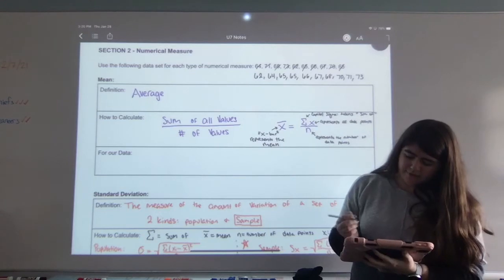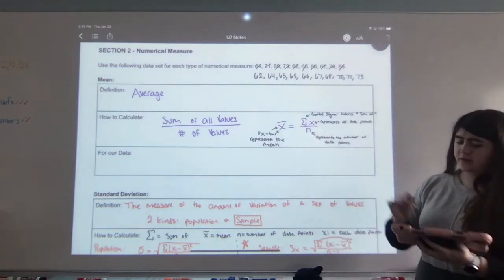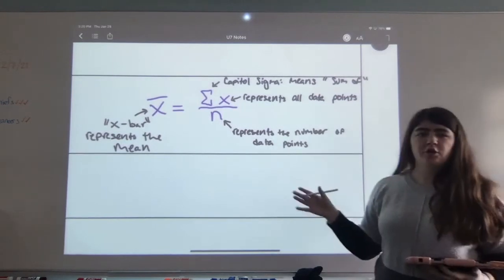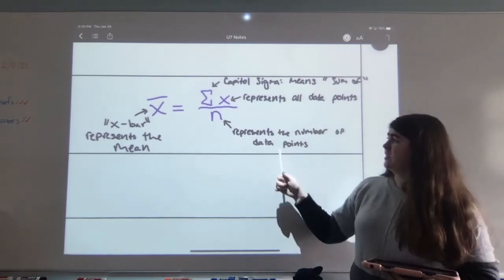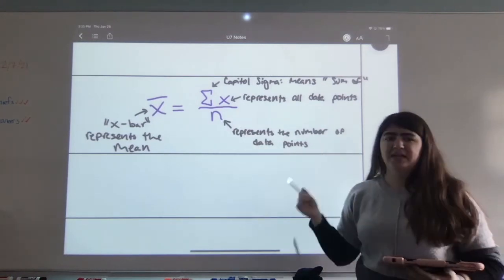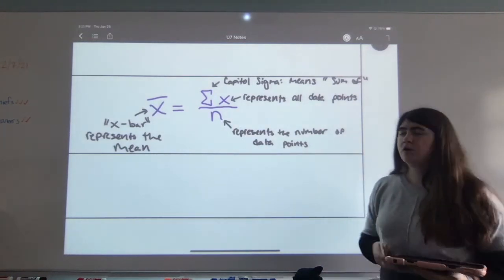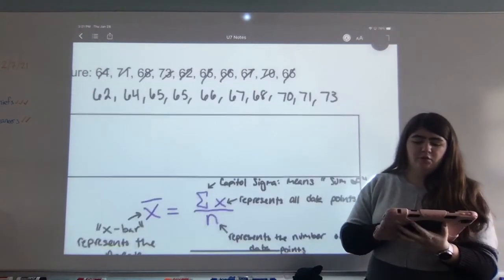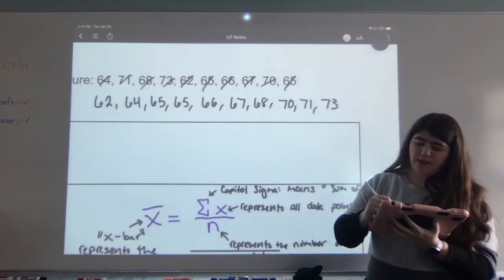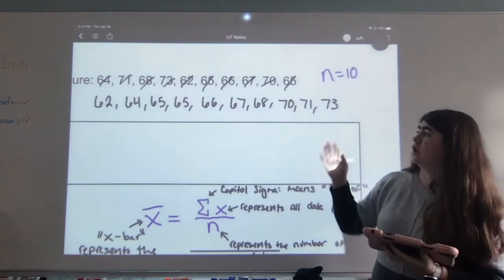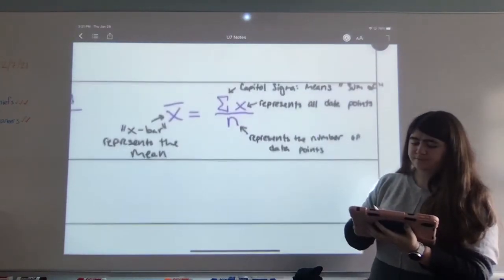If you'll notice right here, I'll zoom in on this. This is the official equation for the mean. You'll notice here we have the letter N, and it represents the number of data points. That is true all the time for our statistical measures. So we are going to make a note up here that N is equal to 10, meaning there are 10 total data points.